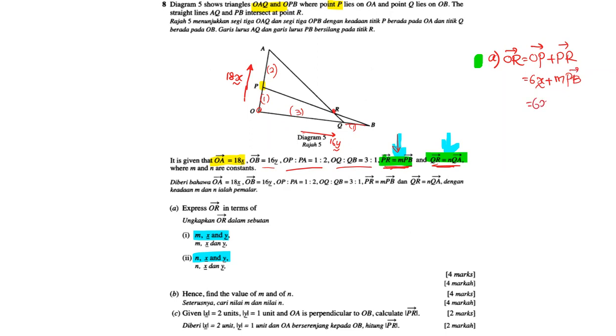6x plus m. And what is PB? PB is negative 6x and then plus 16y. Now you see how I write the answer.